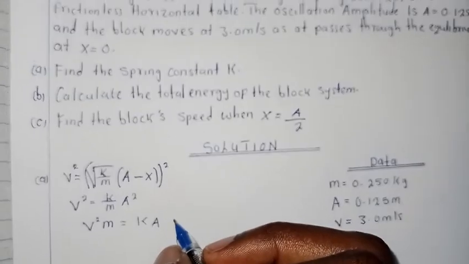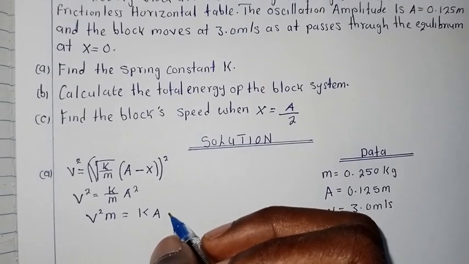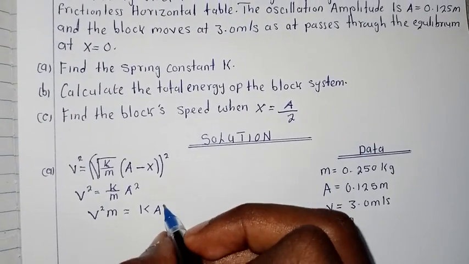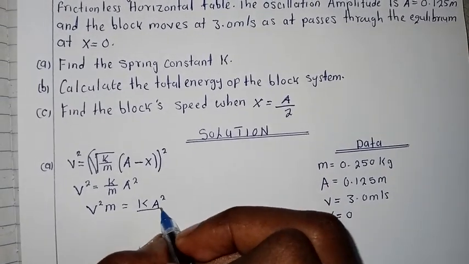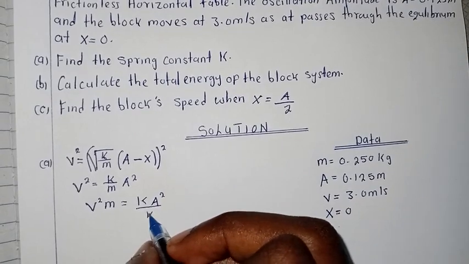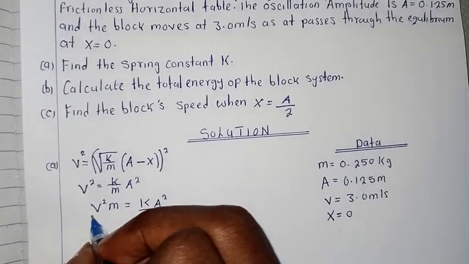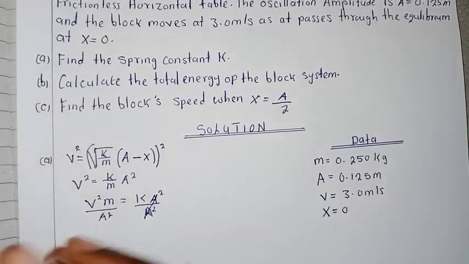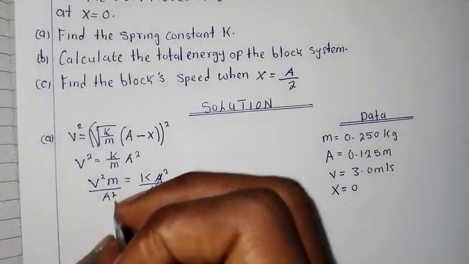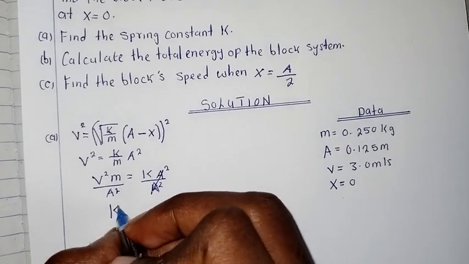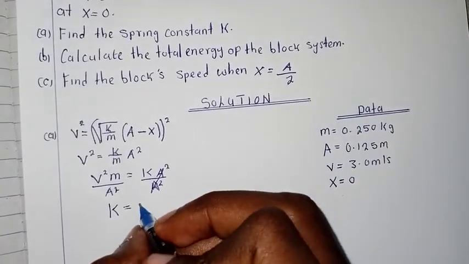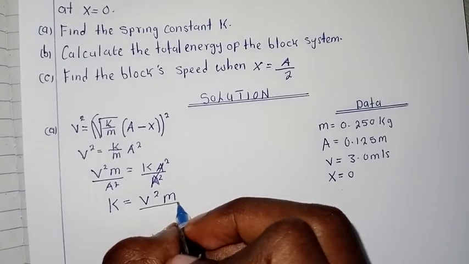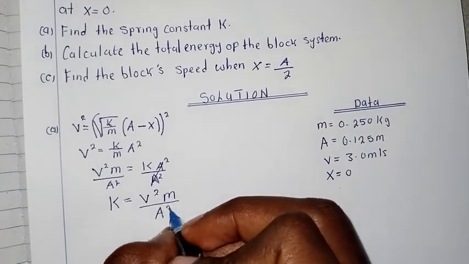Okay, so from here we're able to make K the subject, so it's over A squared and over A squared. And of course, if we cancel, we're going to remain with the constant K equal to V squared M over A squared.